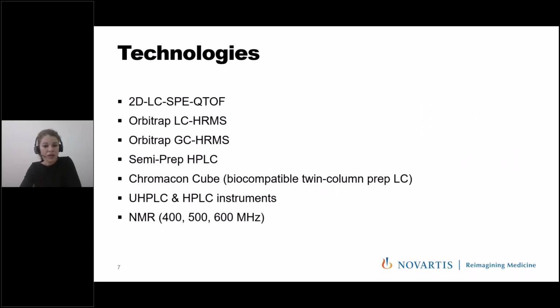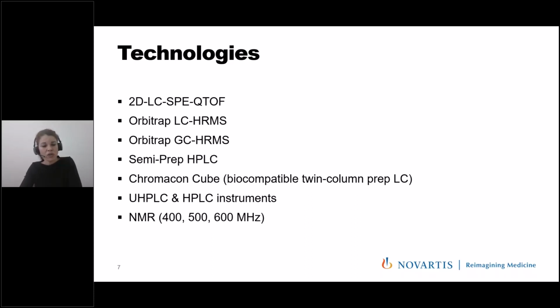The technologies, I briefly showed those in the previous slides, but more specifically, we have 2D LC-SPE QTOF, an Orbitrap high-resolution MS, and access to Orbitrap GC high-resolution MS, and several semi-prep HPLCs.